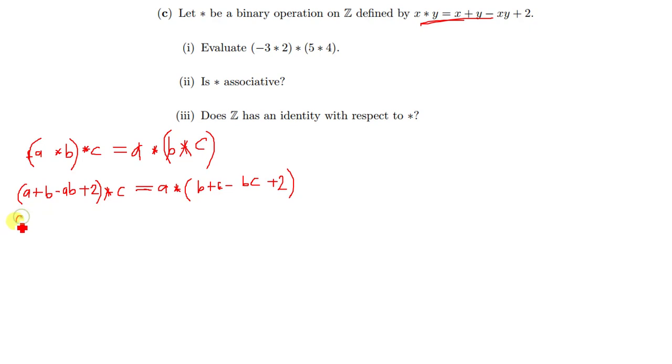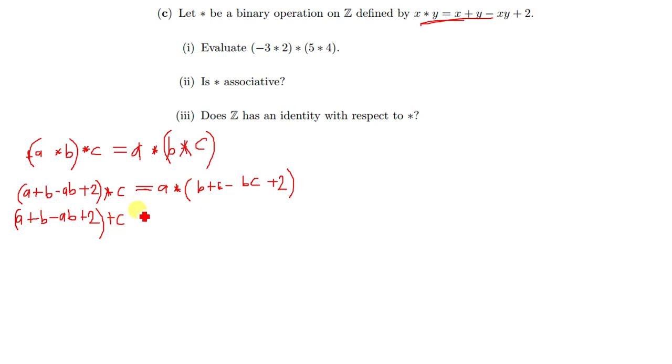So my A is A plus B minus AB plus 2, then we say plus. So where there's A, I'm putting this, then where there's B, I'm putting C. Where there's Y, I'm putting C. Where there's X, I'm putting this.